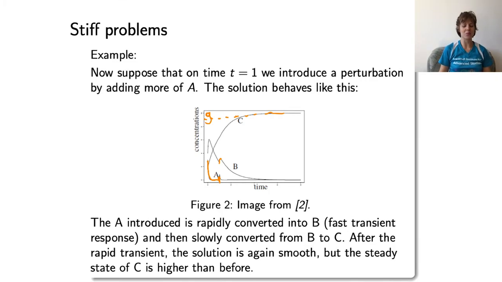So some small perturbation on A changed the steady state of C drastically, okay? The A introduced is rapidly converted into B, some fast transient response, and then is slowly converted from B to C. And after the rapid transient, the solution is again smooth, but the steady state of C is higher than before. So this is some characteristic of this system.